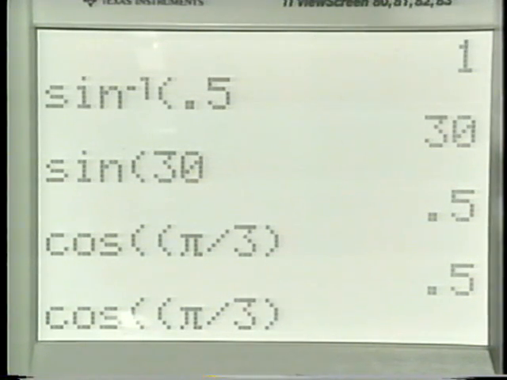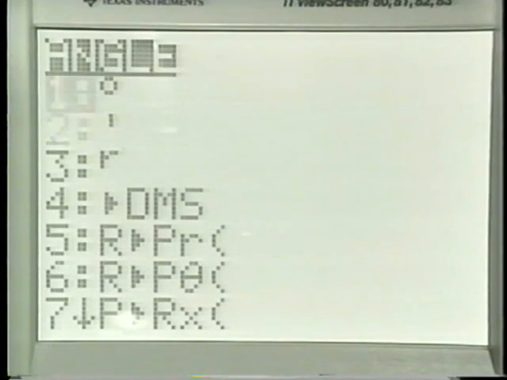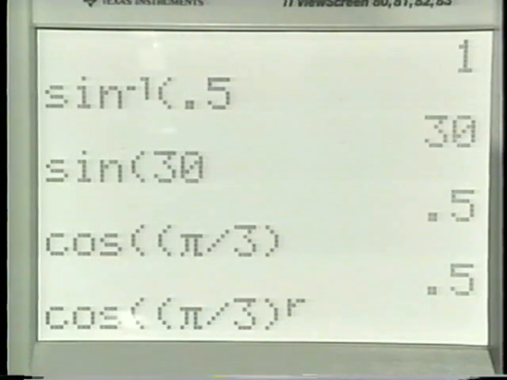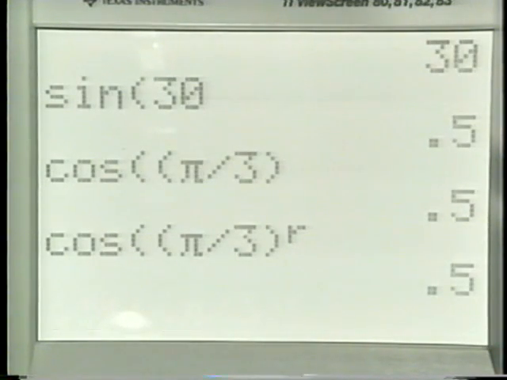Now I got to tell it that that's radians because I'm in degree mode right now. It doesn't know. It thinks it's degrees. Okay, so how do I tell it radians? Second angle, kind of manhandle it, go down and say R. Okay, and I hope you can see that the R now is referring to, I needed the parentheses not only to tell the cosine what's going on, but to tell the R to refer to both the pi and the 3. Okay, if the parentheses weren't there, the R would only have power over the 3. So let's hit enter. And son of a gun, we get the same answer. So I think we're hunky-dinky there.